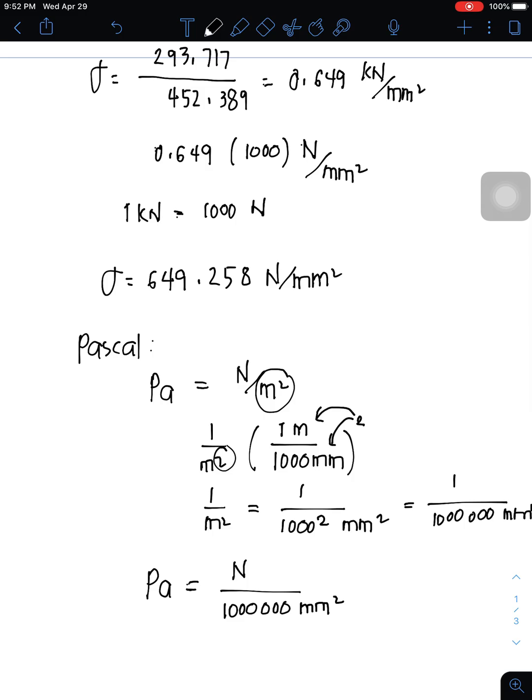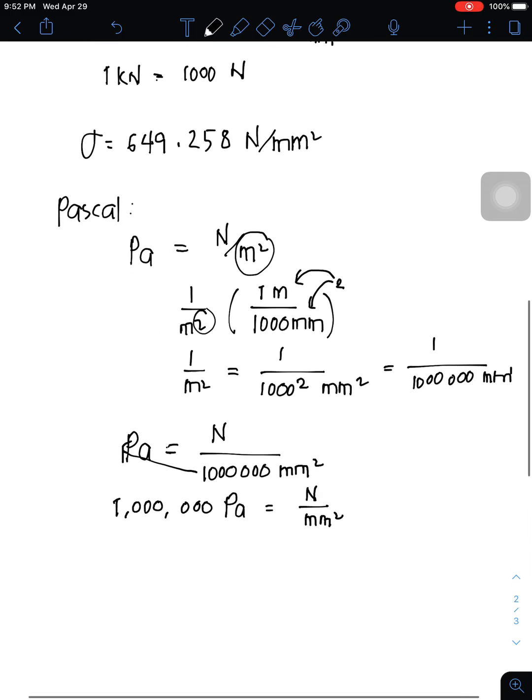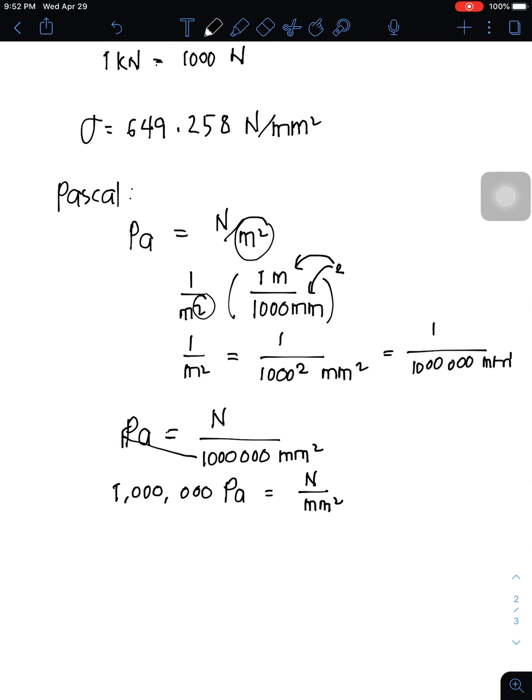So it's going to be multiplied there: 1 million Pascal is equal to newton over mm squared.